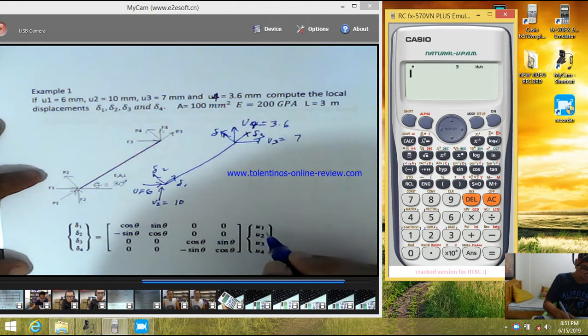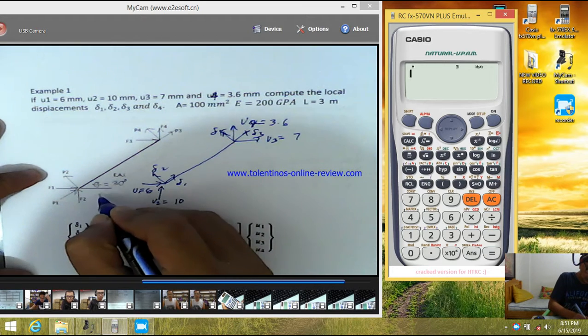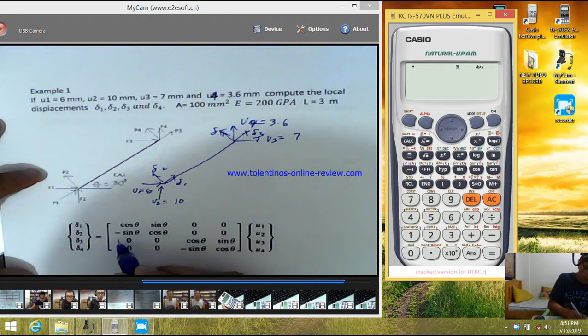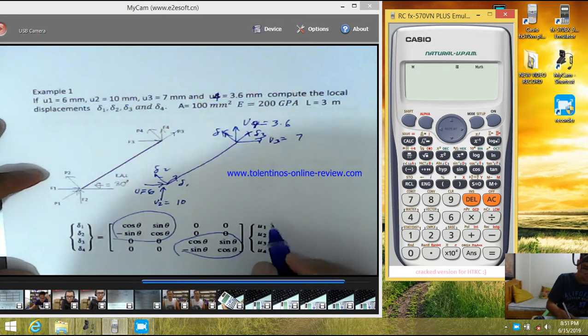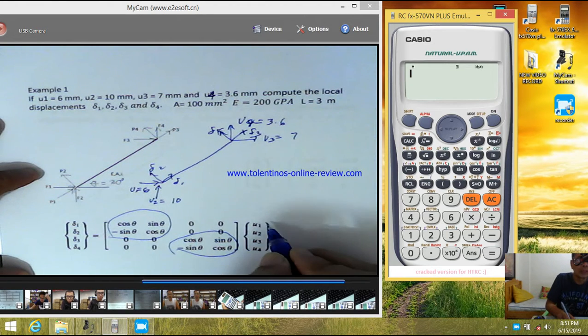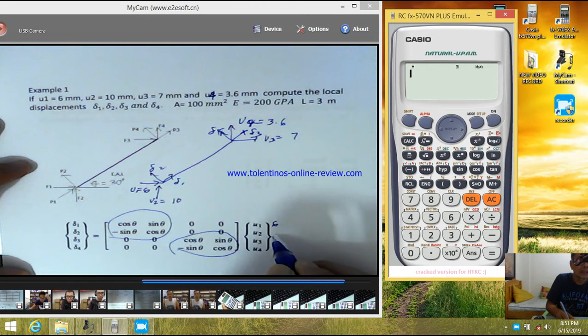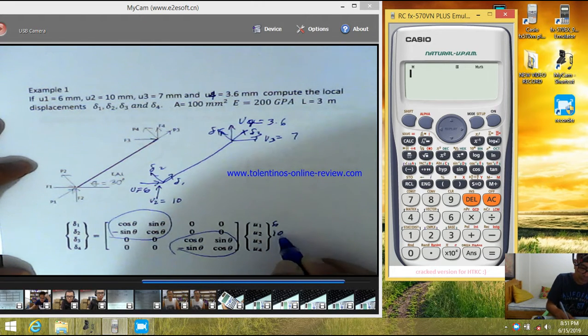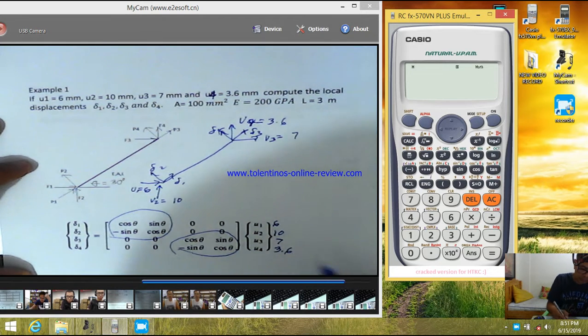Now, in our formula, theta is 30 degrees. If you notice, this and this are the same. The only thing we change is the values: U1 is 6, U2 is 10, U3 is 7, and U4 is 3.6.